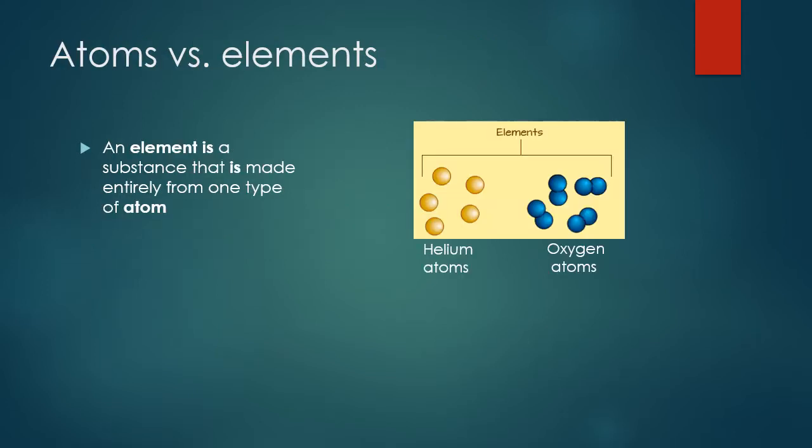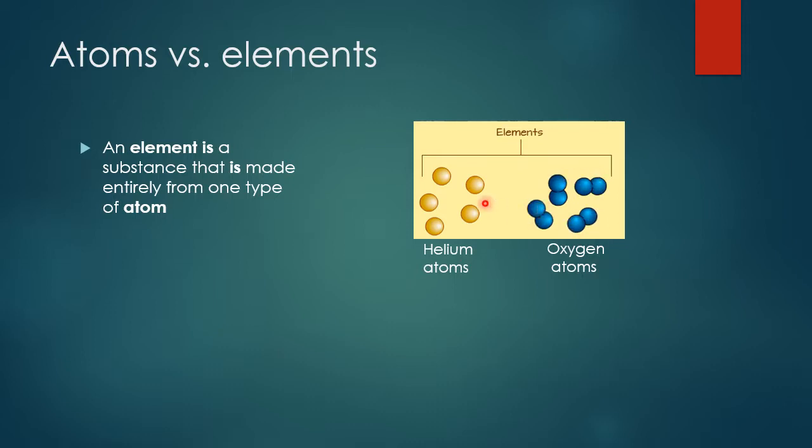An atom is just one of those small particles made up of protons, neutrons, and electrons. If a substance is made up entirely of one type of atom, say a group of helium atoms, we call that an element. An element just means that it's all one type of atom, so for example, all helium or all oxygen.